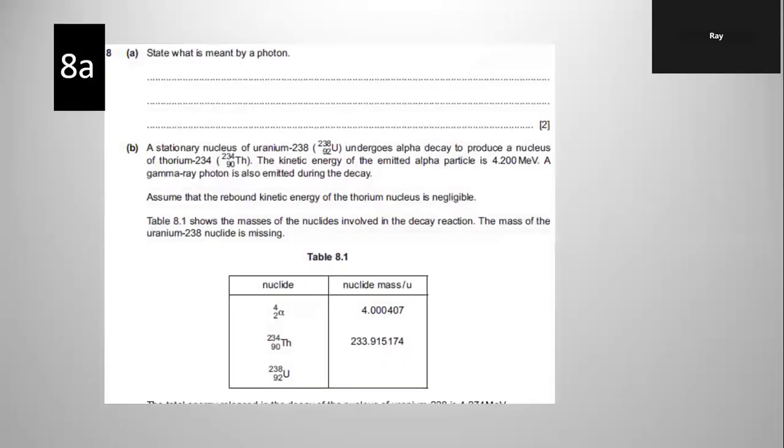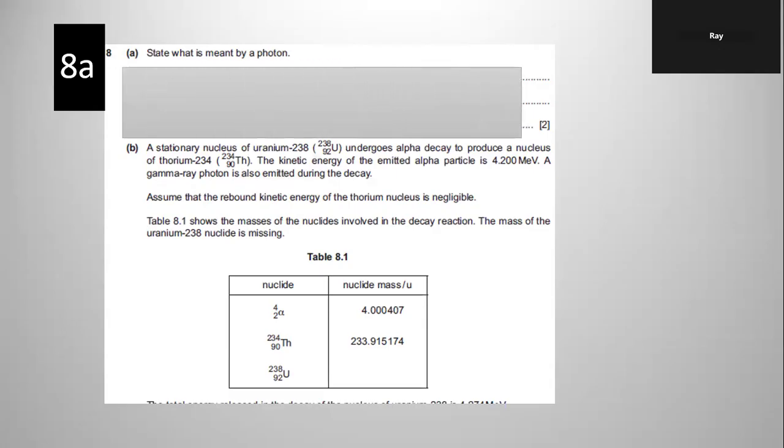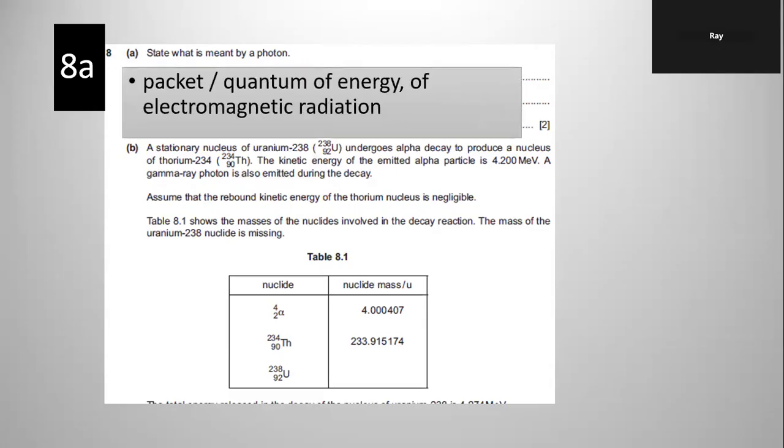Okay, state what is meant by a photon. A packet or quantum of energy of electromagnetic radiation. 2 marks.